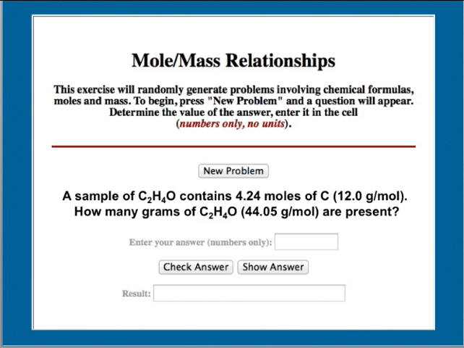Our mole ratio here is going to be 2 carbons for every mole of this stuff, right? So we're basically going to divide this by 2. That's going to give us moles of compound. Once we know moles of compound, and we know its molar mass, we can calculate mass.